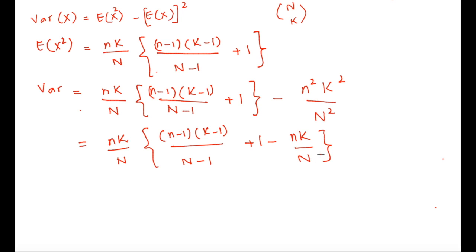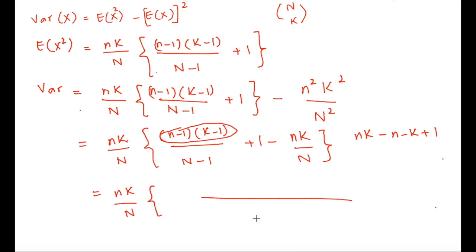Now it's a basic algebra story. So what I'm going to do is first of all multiply this out. This guy is equal to nk minus n minus k plus 1. Correct? Okay, so then I have nk over n, and in the denominator I have n times n minus 1.